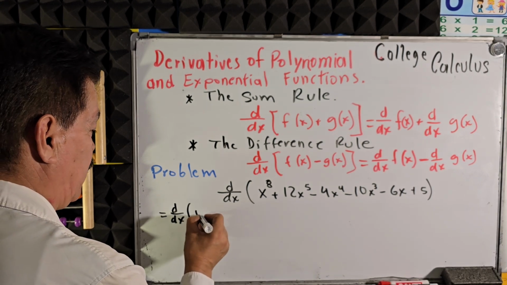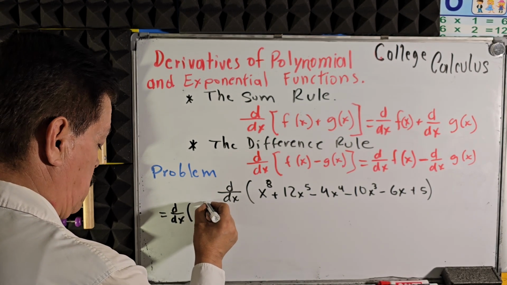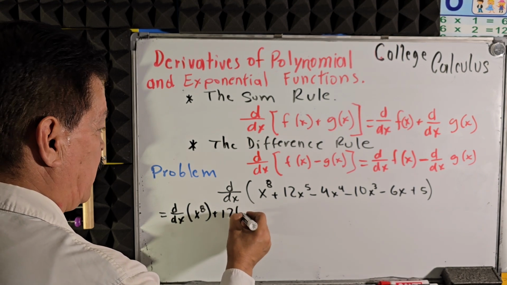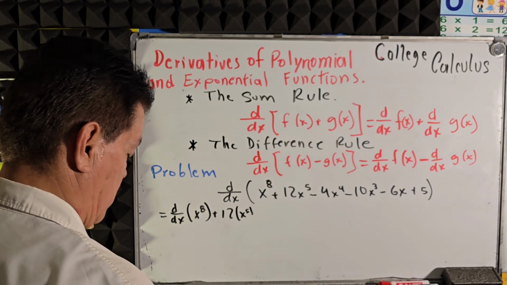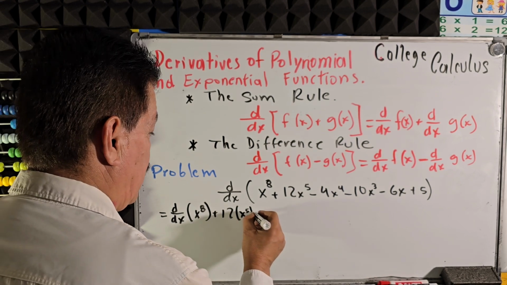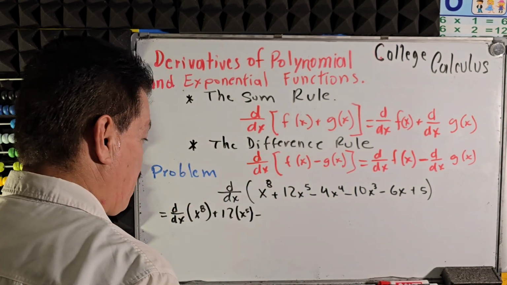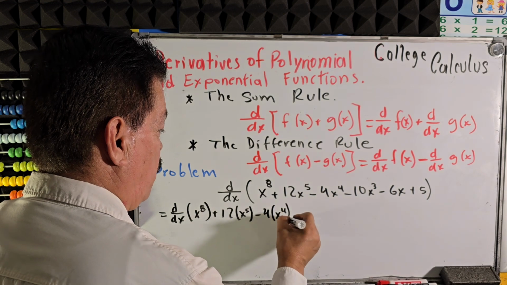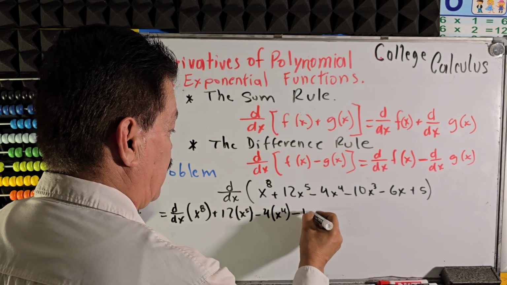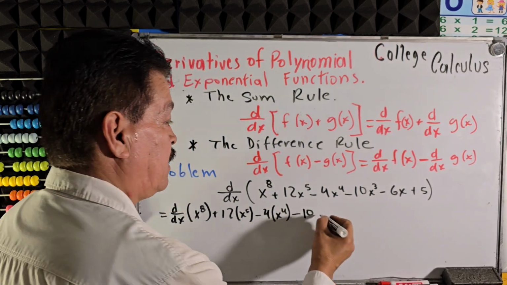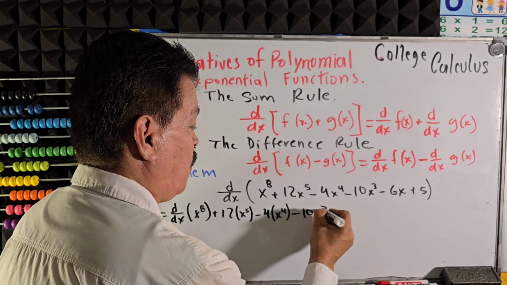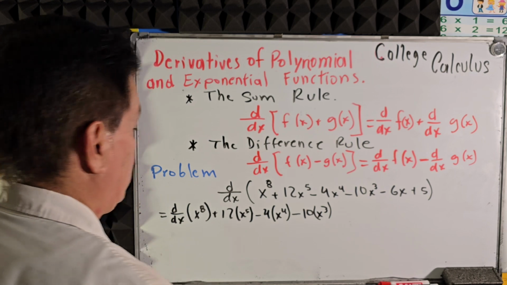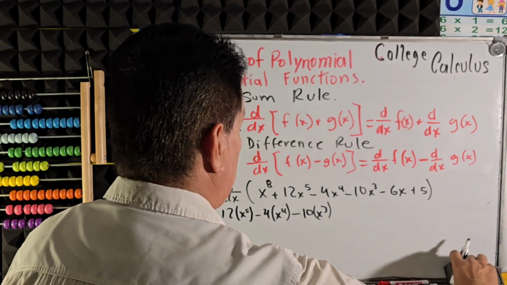The first one, x to the 8th power plus now 12x to the 5th power minus 4 times x to the 4th power minus 10x to the 3rd power, everything.